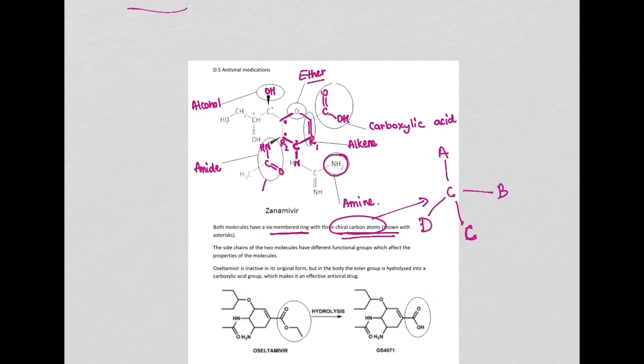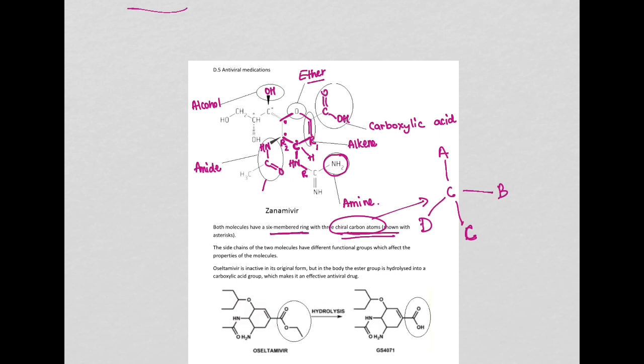This is NH, and then let's consider this as R, so NHR, and then it's also bonded to H. So you can see that this carbon is bonded to 4 different things. So it branches to 4 different things. Because it's 4 different things, it's called a chiral carbon. Right? So there's 1, 2, 3 chiral carbon atoms.